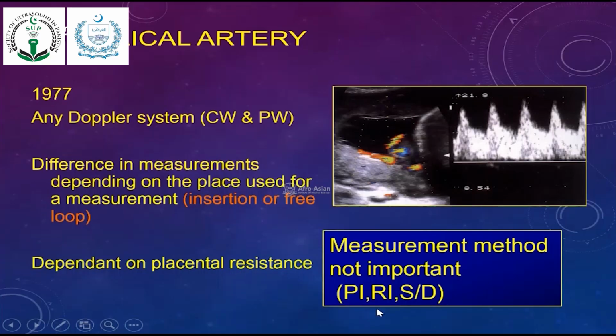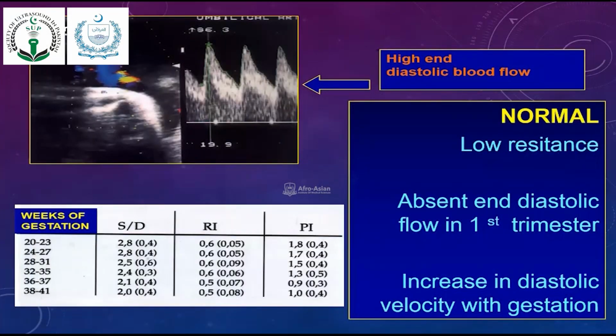We measure PI, pulsatility index, resistive index, or systolic diastolic ratio. There is the peak systolic velocity, and then we have the end systolic and diastolic velocity.